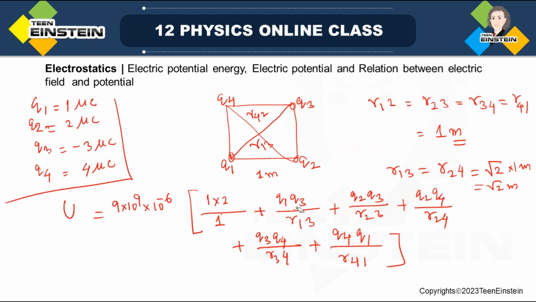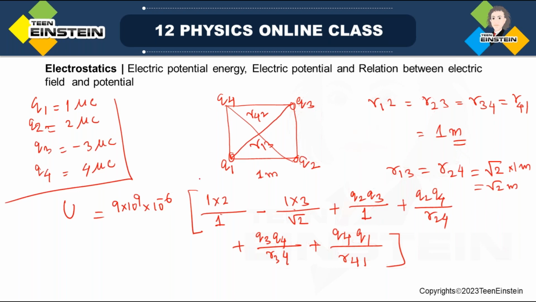Okay. Similarly, q1 and q3. So q1, this is 3. So this will be with a minus sign. 1 into 3, and for q1 q3 this distance will be root 2 meter. Okay. Now q2 q3, this distance will be anyway 1 meter.